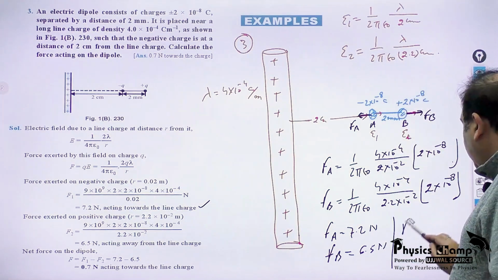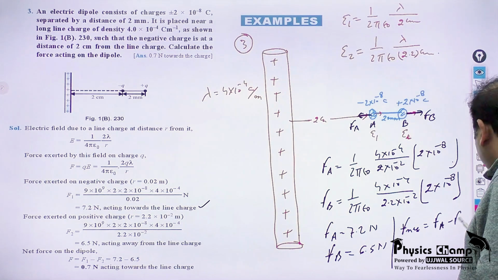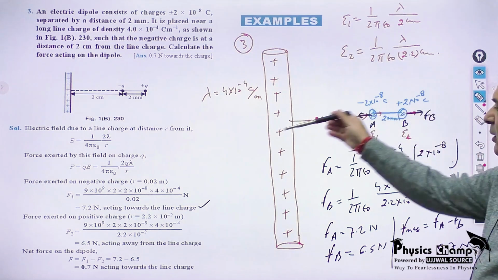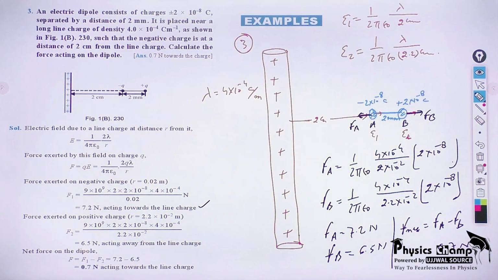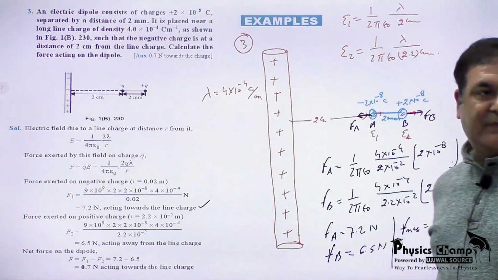So if we are looking for the net force, it will be FA minus FB, or it is 0.7 Newton and it is towards the line charge. So there will be a net force in this direction towards the line charge.